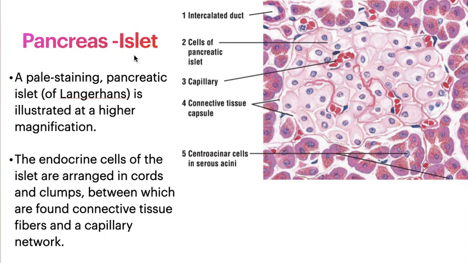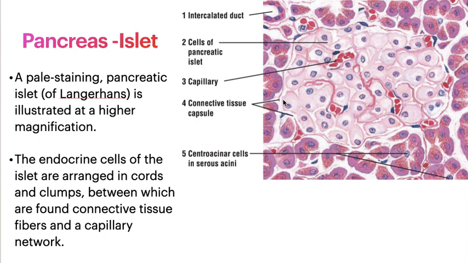So now coming to the pancreatic islet, it is pale staining as you can see. It is illustrated in high magnification over here. The endocrine cells of the islets are arranged in cords or clumps, between which are found connective tissue fibers and the capillary network.